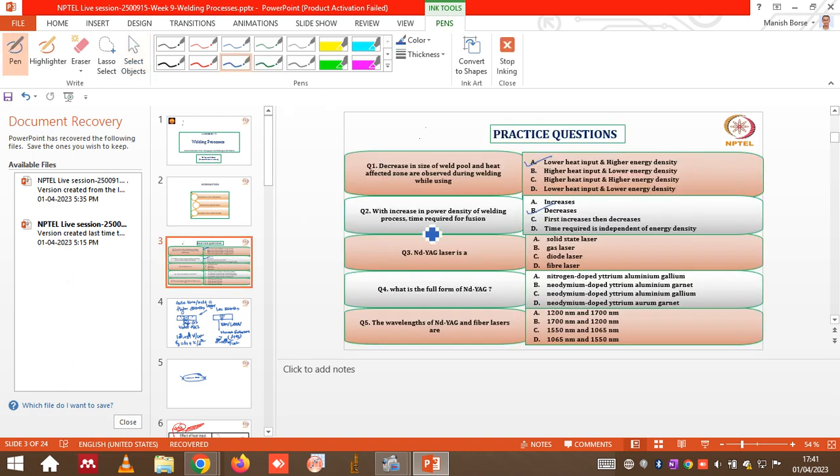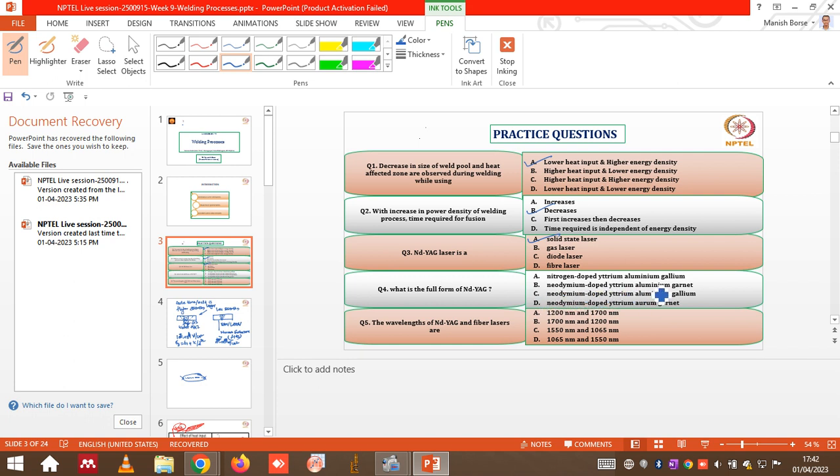As we have seen, Nd:YAG laser is nothing but a solid state laser. The full form of this Nd:YAG laser, we have seen, is neodymium doped yttrium aluminum garnet.